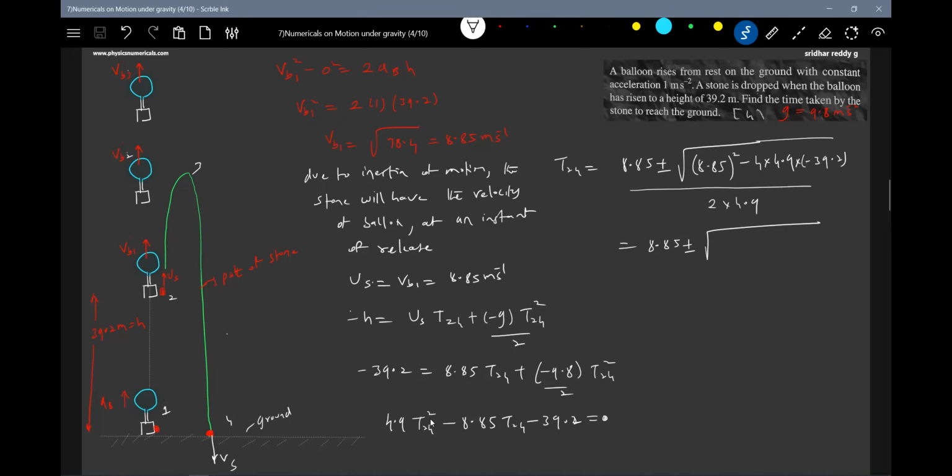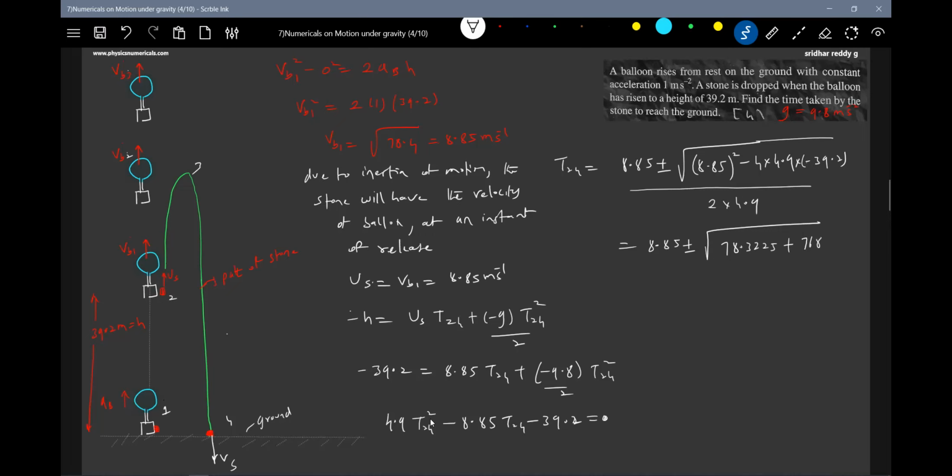We have to do 8.85 whole square, that is 78.325. This will be plus 4 into 4.9 into 39.2.